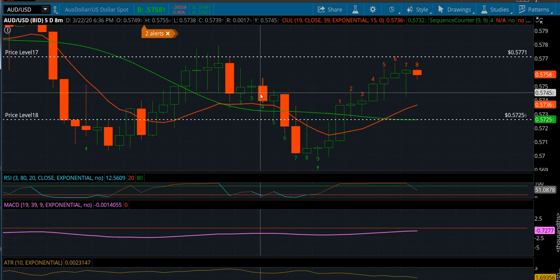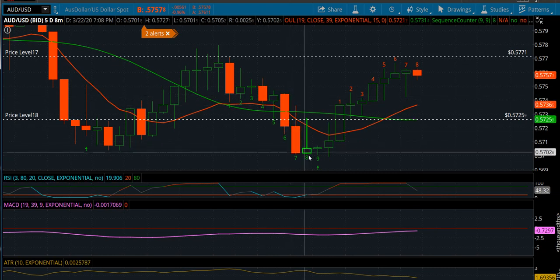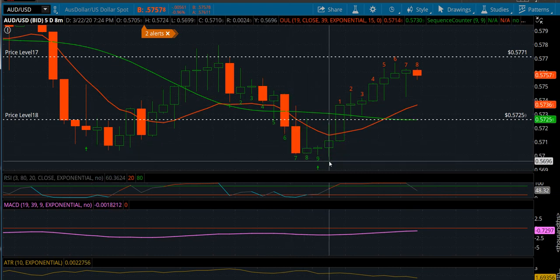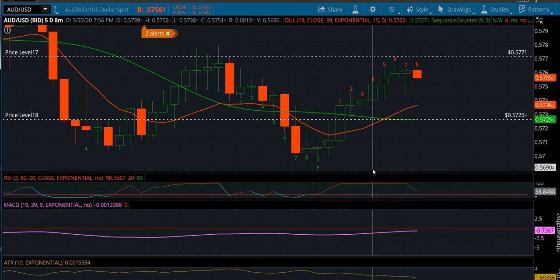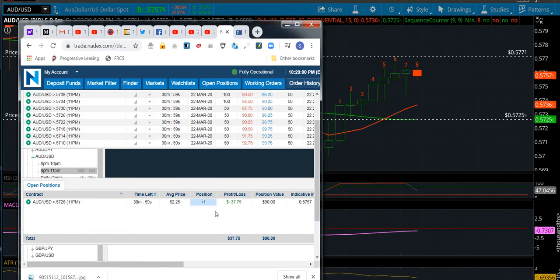If a candle other than the 8, 9, or 10 make the low, it wants to go lower. So I'll pause this video and we'll get a little closer to the end of my trade here, and we'll see what happens with this trade. It'll be kind of cool to see.